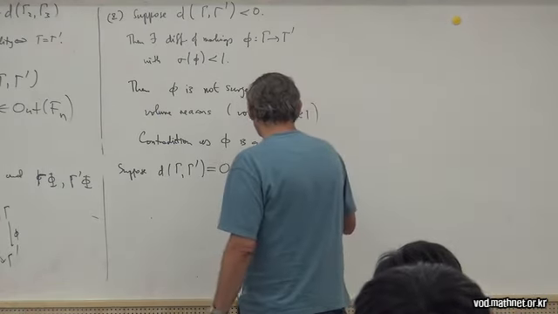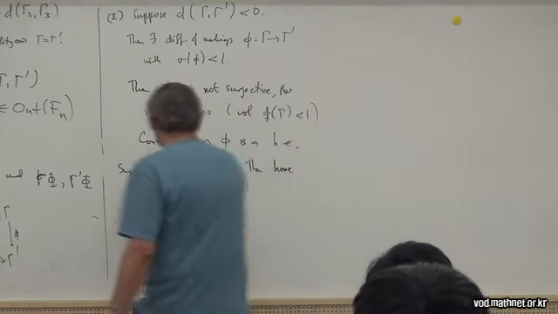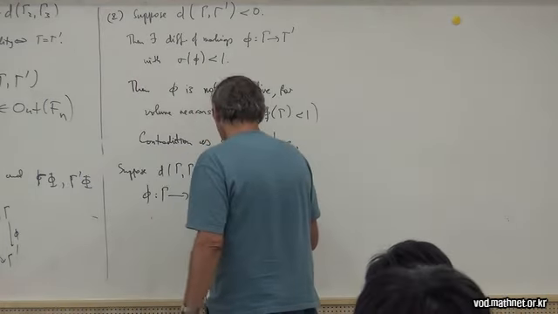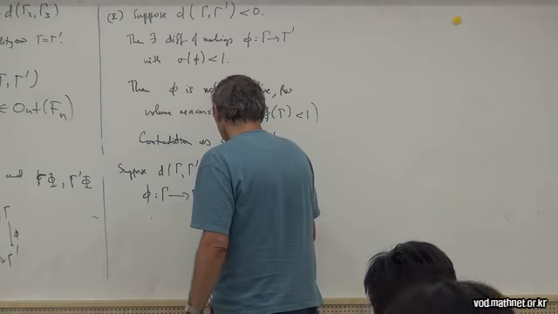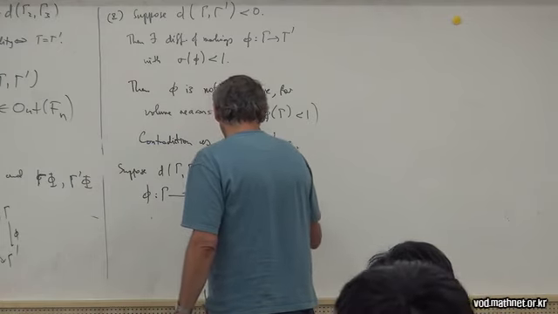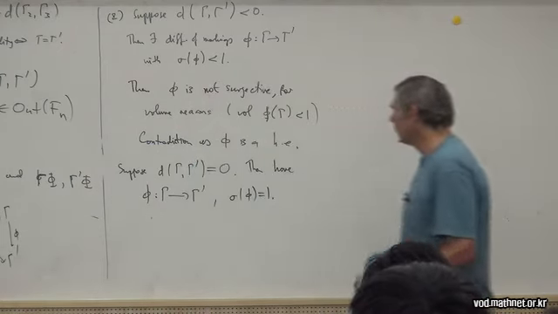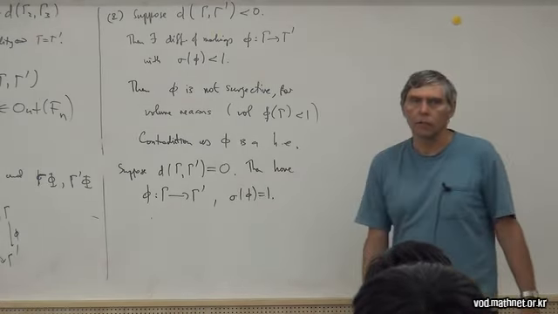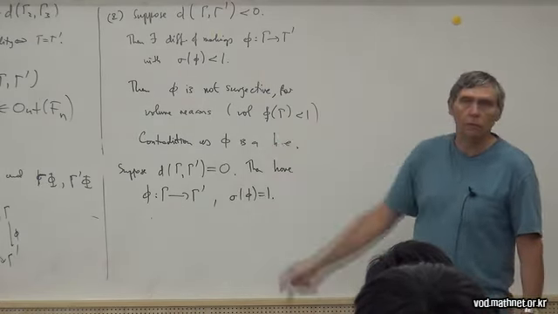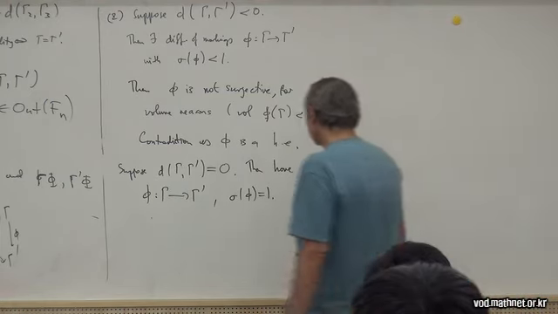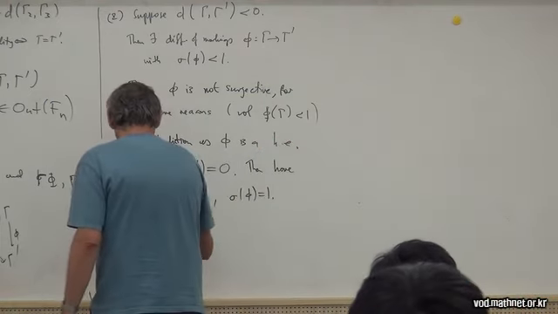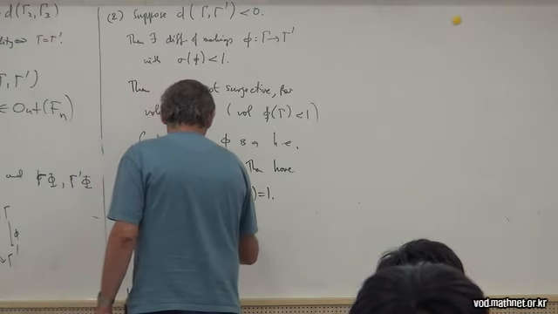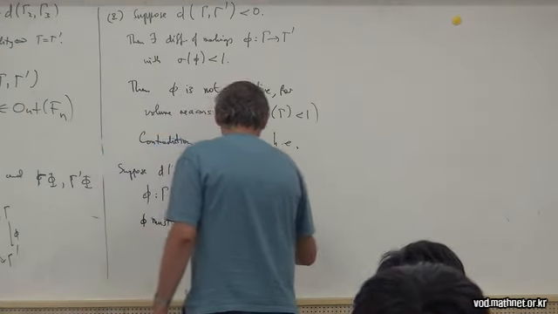Then we have phi from gamma to gamma prime, and sigma of phi is 1. And the slope actually has to be equal to 1 on every edge, otherwise you'd get the same contradiction. You wouldn't have enough volume. So phi must have slope 1 on every edge.